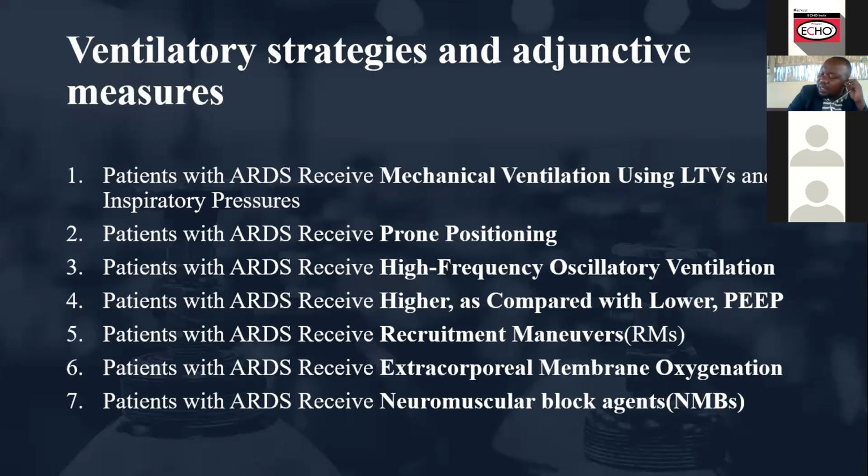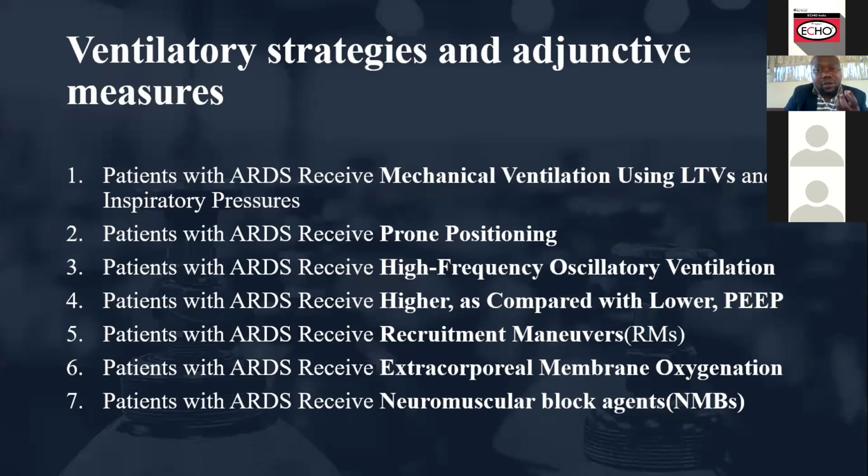Generally, the management of ARDS on ventilator strategies and adjunctive measures, we have to understand that in mechanical ventilation in ARDS, we have to use low tidal volume ventilation and inspiratory pressure. Because if you use a high tidal volume, you remember with ARDS, there are some alveoli which are damaged.